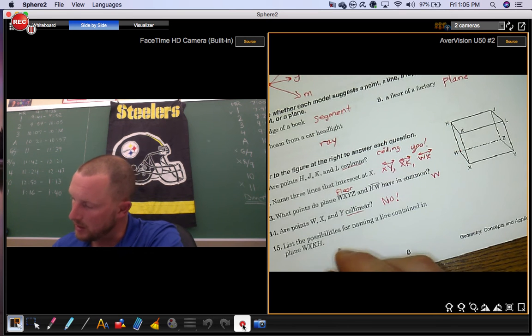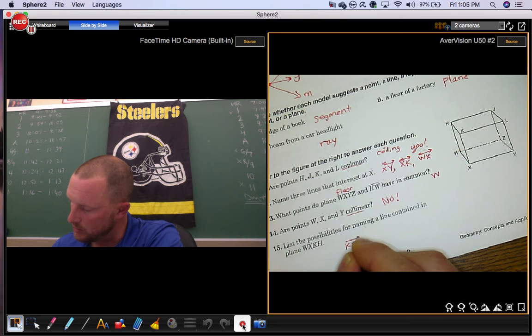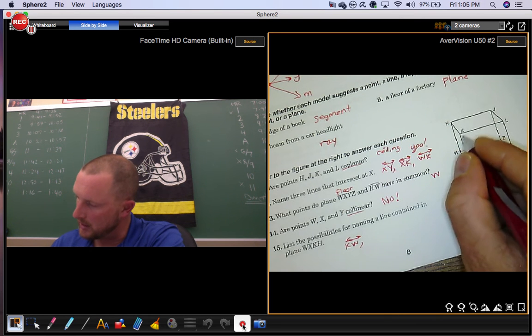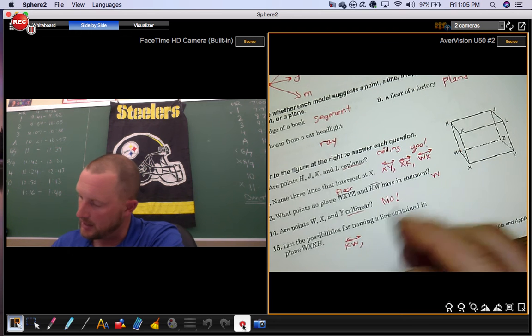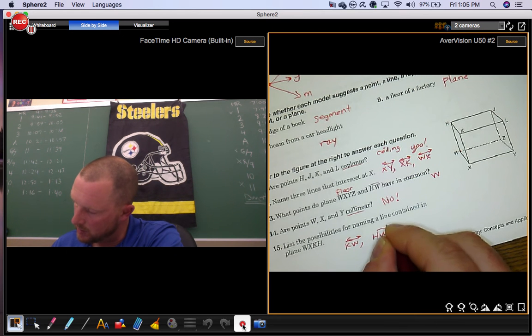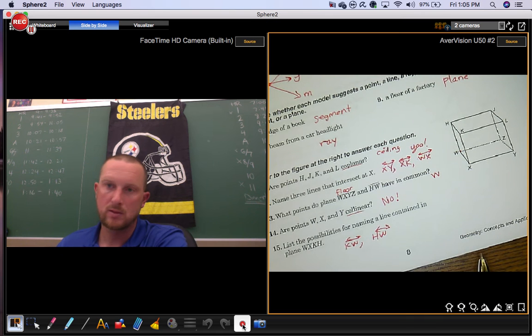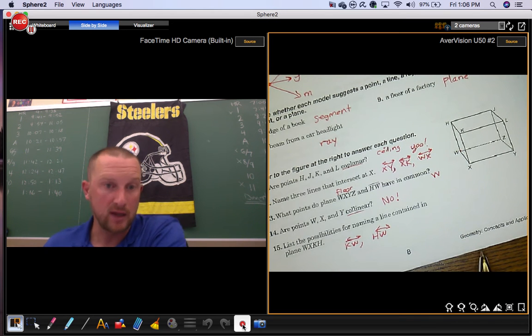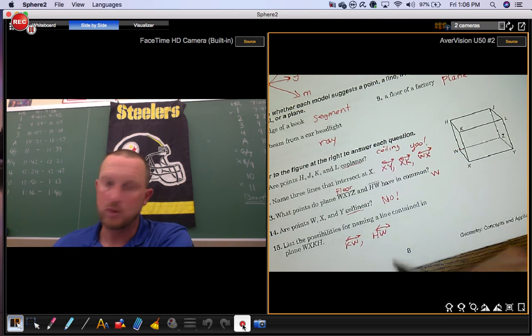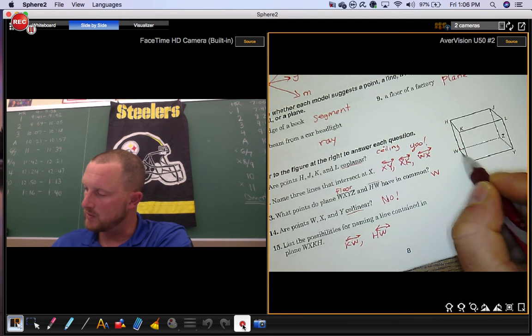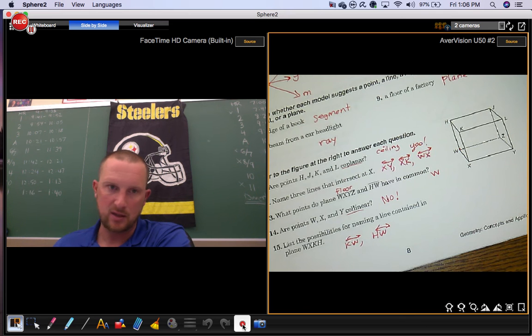So we could say line KW. That's this guy. We could also do line HX. Those are our diagonal ones. And those are the ones that you would probably forget. If you only got 4 answers to this, you probably forgot these 2. The other 4 would just be the names of these segments that you can easily see.